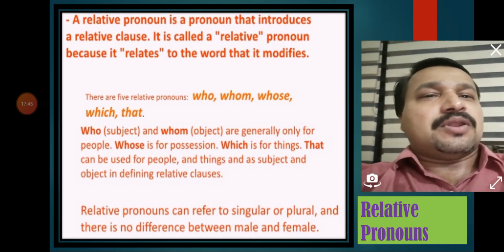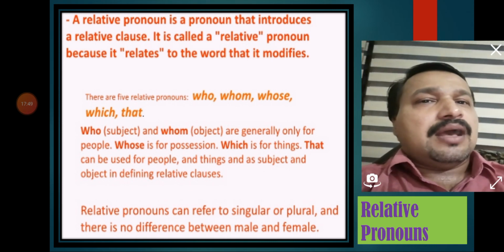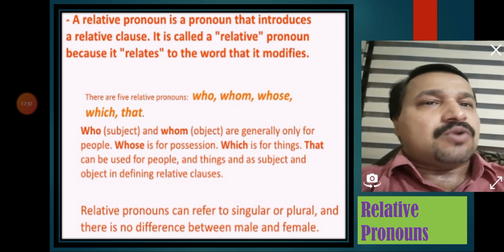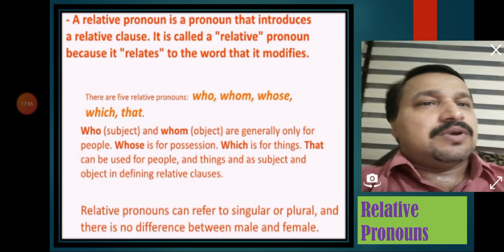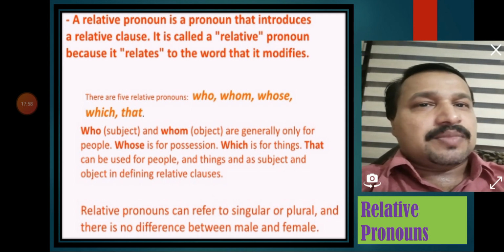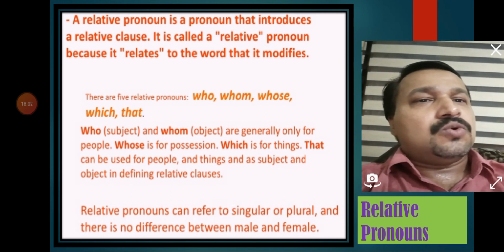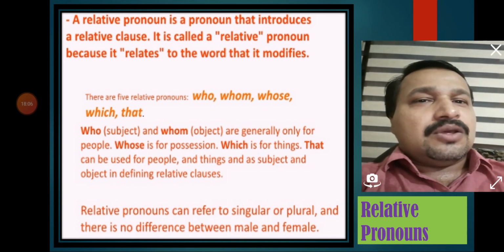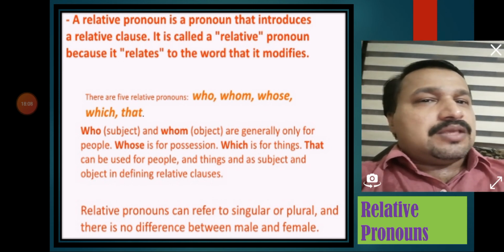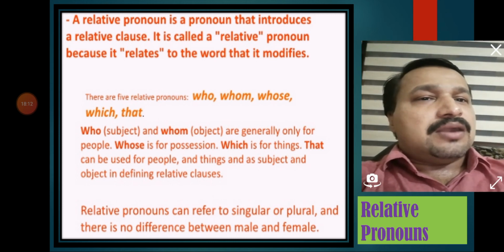A relative pronoun is a pronoun that introduces a relative clause. It is called a relative pronoun because it relates to the word that it modifies. There are five relative pronouns: who, whom, whose, which, and that. Who is used as the subject and whom stands for the object; they are generally only for people.